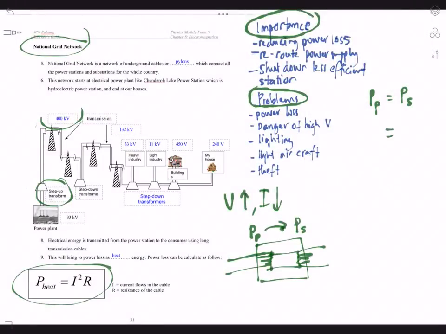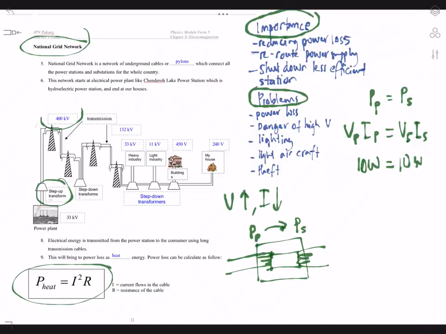So the formula for power is voltage in the primary times current in the primary equals voltage in the secondary times current in the secondary. As I told you, power in the primary equals power in the secondary for an ideal transformer. Let's say we put a number here, 10 watt for example. So 10 watt in the primary equals 10 watt in the secondary.